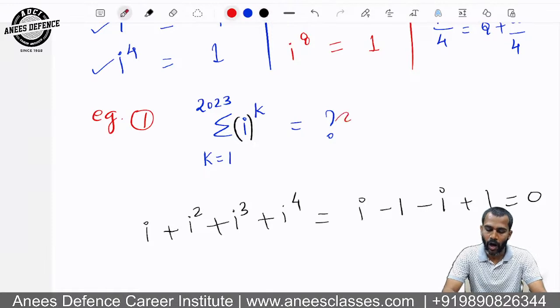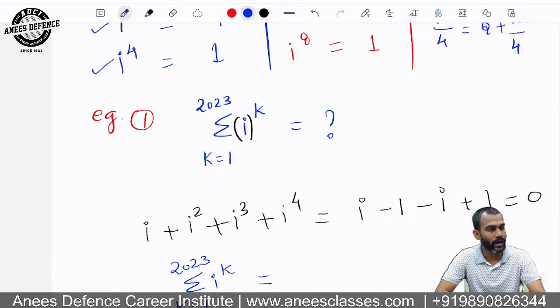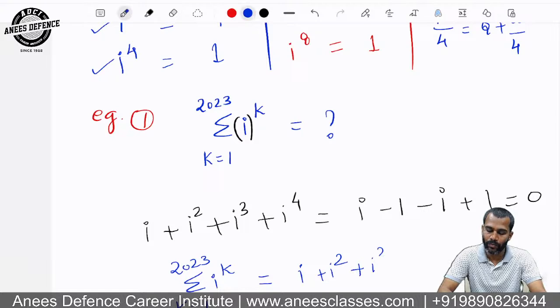Okay. So very easy. How many powers of iota are here if you see? Tell me. Summation iota to the power k. Here k starts from 1 to 2023. If you put k equal to 1, you'll get iota, then iota square, then iota cube, then iota 4, then iota 5, and so on till iota to the power 2023.